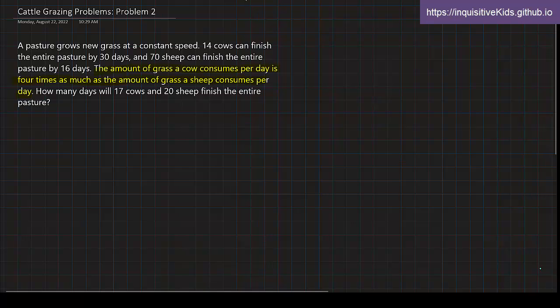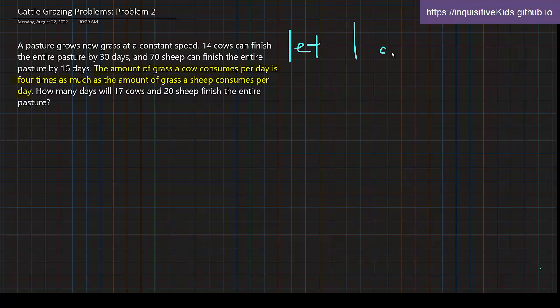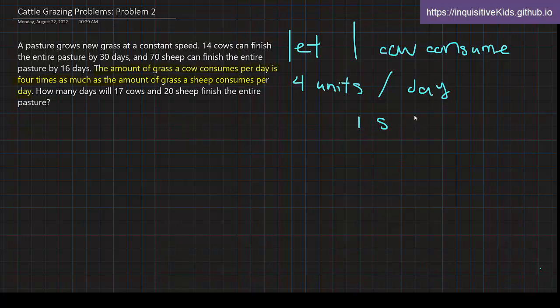So our first step is a little different. That would be let 1 cow consume 4 units of grass per day, and we also know that let 1 sheep eat 1 unit of grass per day.